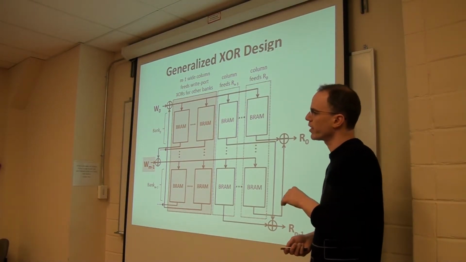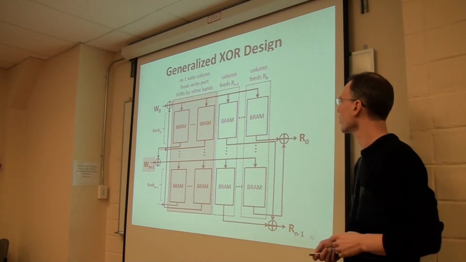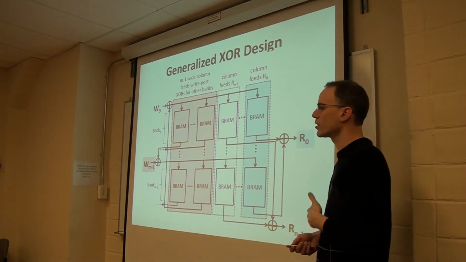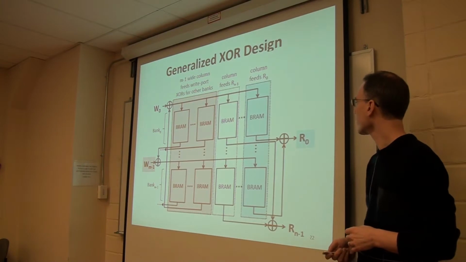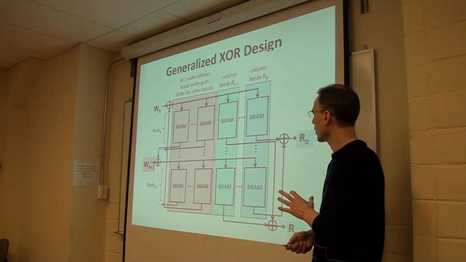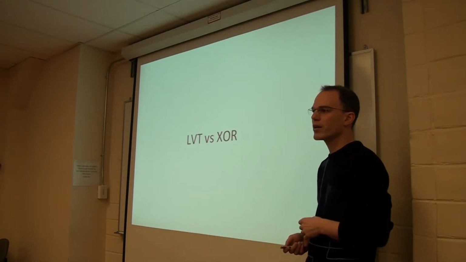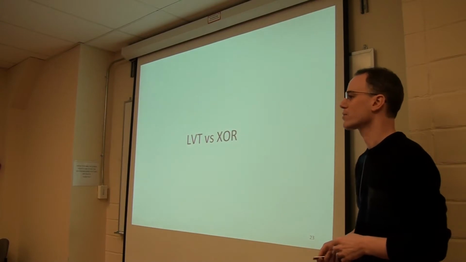It's for the purpose of providing read values for the purpose of writing. And the other columns are one column per read port, for the purpose of providing read values. So that's a quick run through of how the block RAMs are used. How does this compare now with the live value table approach, which was the best previous known approach?